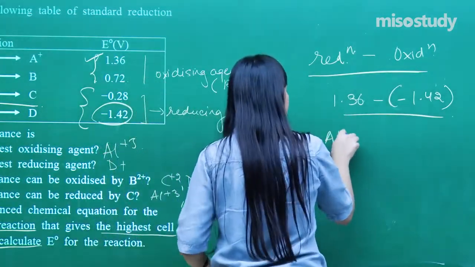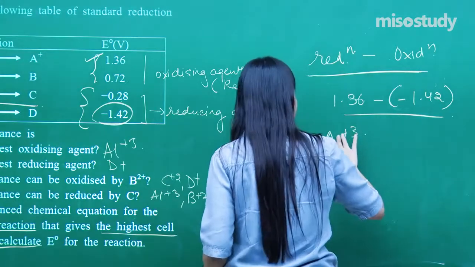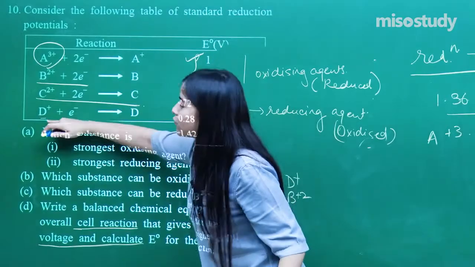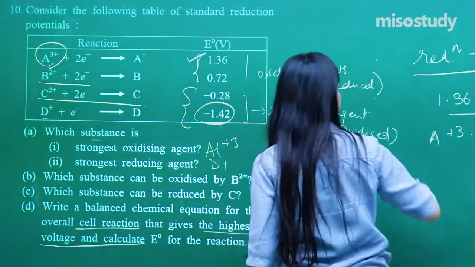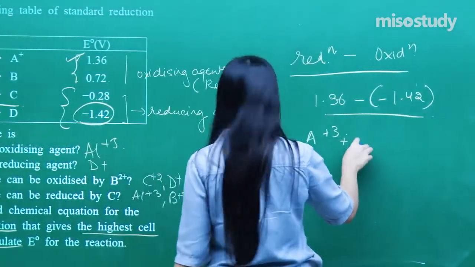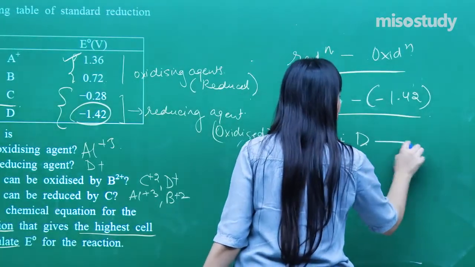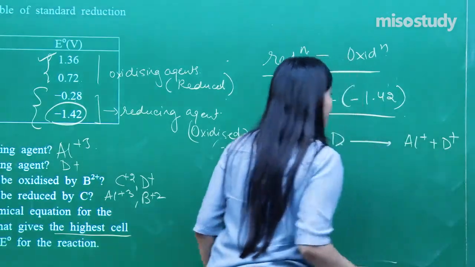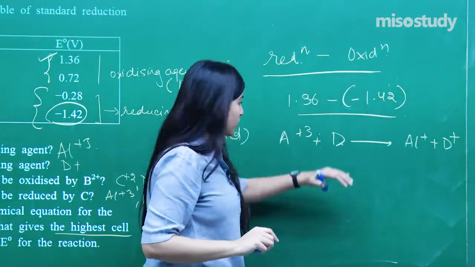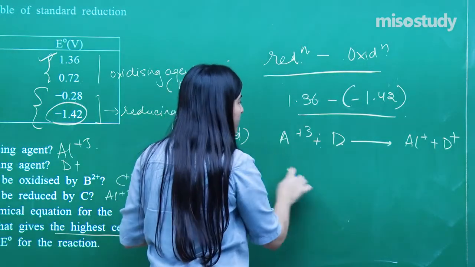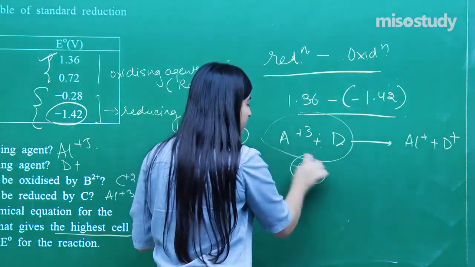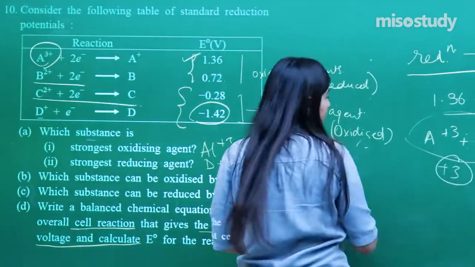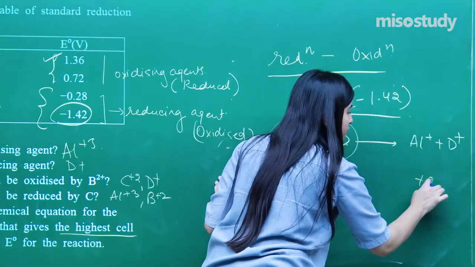So my equation will be Al+3, sorry, A+3, along with C. Involvement of D is there, right? So D will be getting reduced. So I'll be getting Al plus D positive. Fine. Now I need the balancing, because here the charges are not balanced. This is a +3 equation, right? They want a properly balanced chemical equation. So it is +3 charge, over here it's +2.